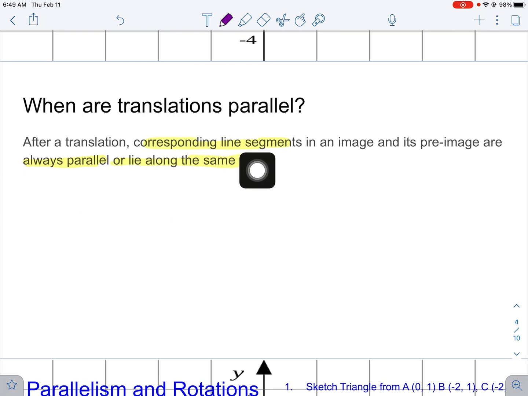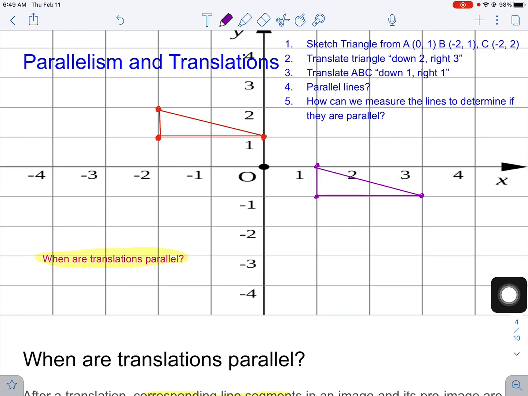After a translation, corresponding line segments in image and preimage are always parallel or lie on the same line is another possibility. Like, let's say, for example, that the translation just went to the right. Well, then you can see that this segment right here lies along the same line.